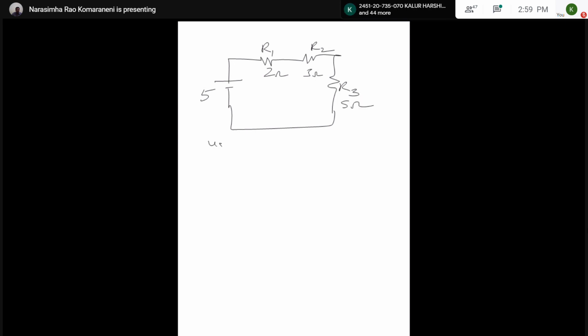By using KVL, find I. Right. So to write the KVL, see here.